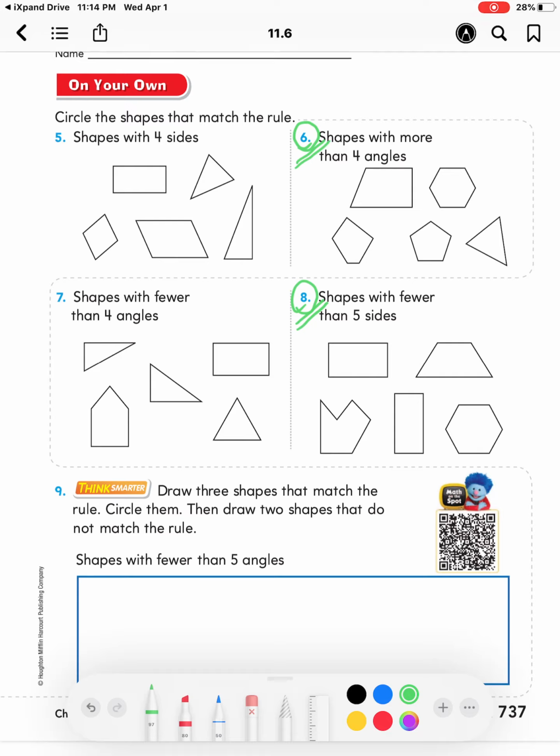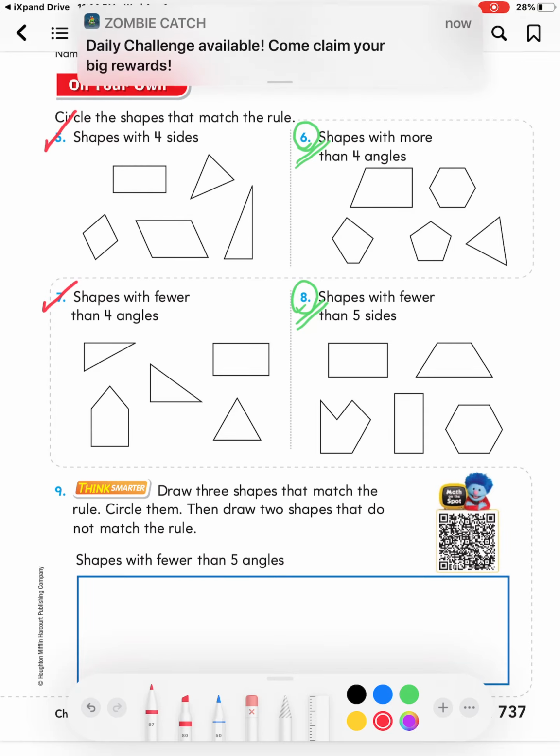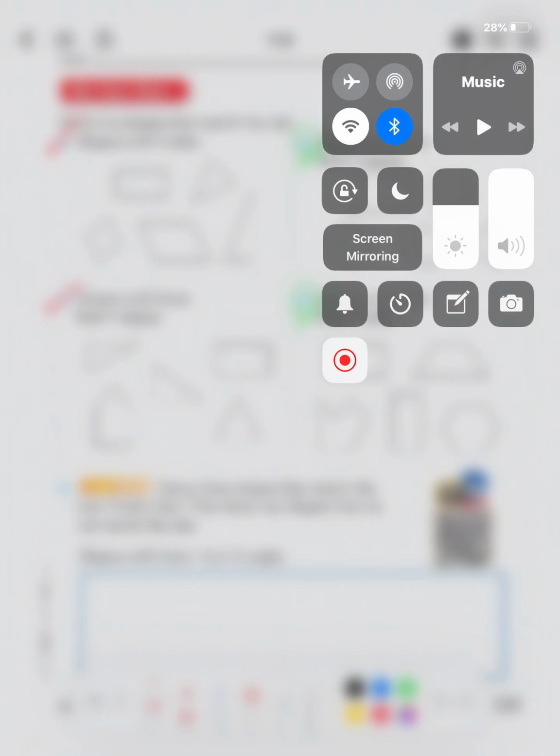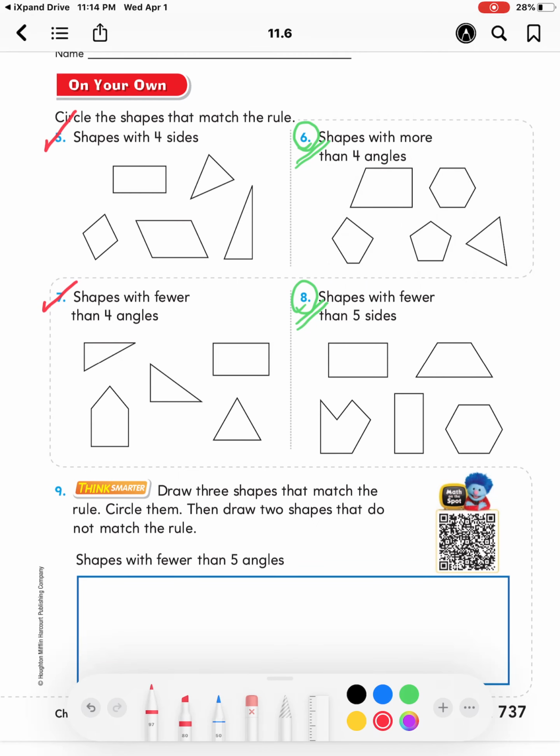Okay? Now we will solve question number 5 and question number 7. Let's do it together. It says here shapes with 4 sides. So here we want to circle the shapes that match the rule. What is the first rule here?